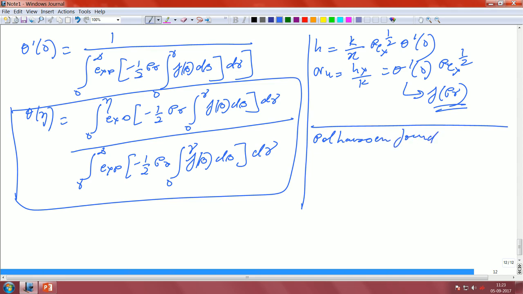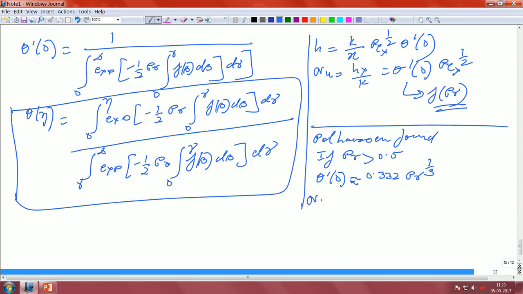Pohlhausen found that if the Prandtl number is greater than 0.5, he actually solved it. So, theta prime 0 is actually equal to 0.332 times Prandtl number to the 1/3.